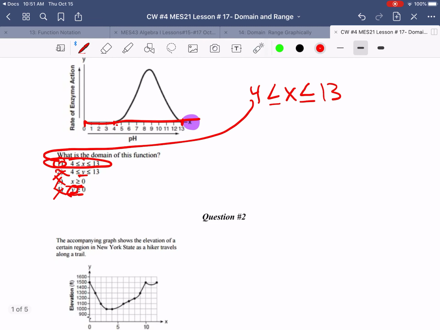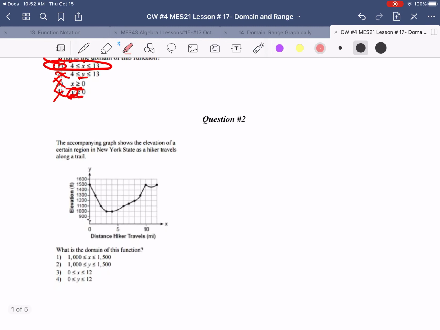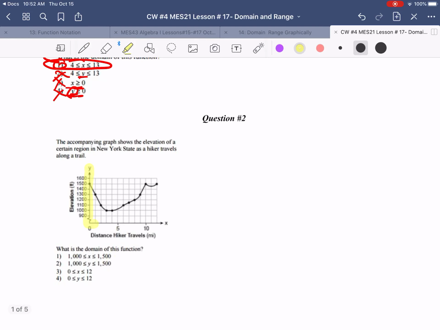If you need time to copy, of course, just pause it. Now, go ahead and copy this graph as best as you can. Again, it doesn't have to be exact, just an idea of what's going on: the x-axis and y-axis.